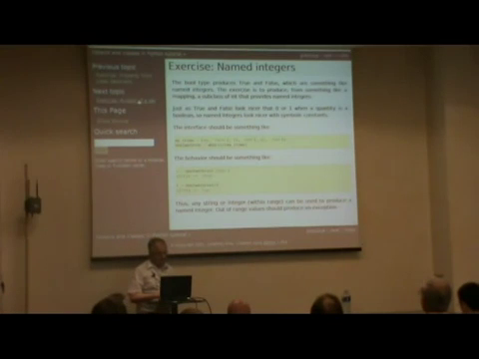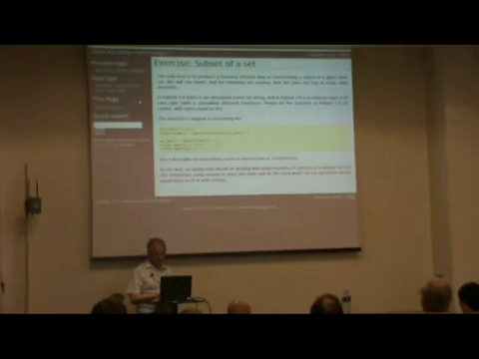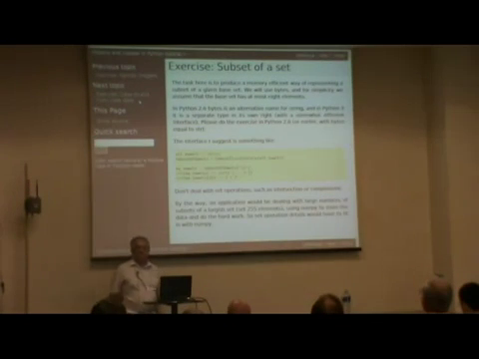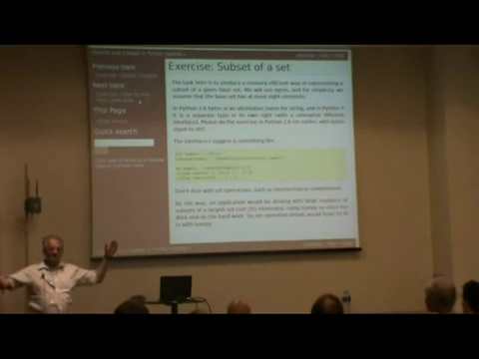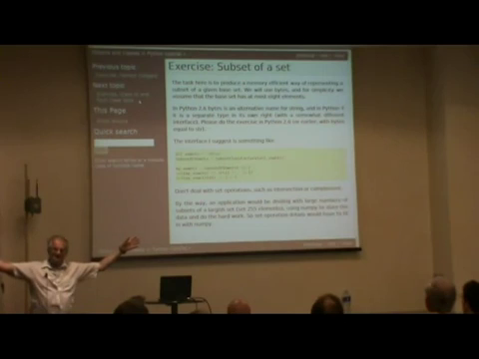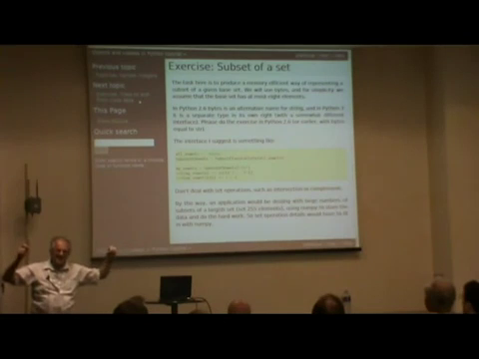The next one, okay, this might be too hard for us. But we want to efficiently store a subset of the vowels, or a subset of the people in this room. So it's not a set. A set can have any members. But for a subset, you're saying ahead of time what the universe is.